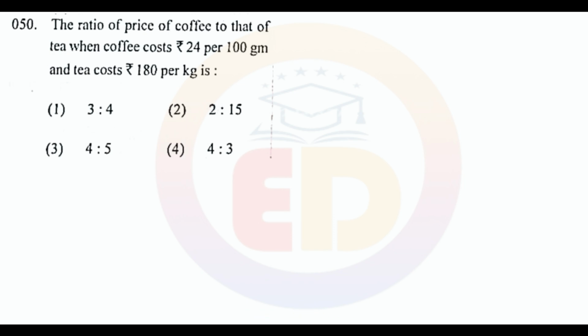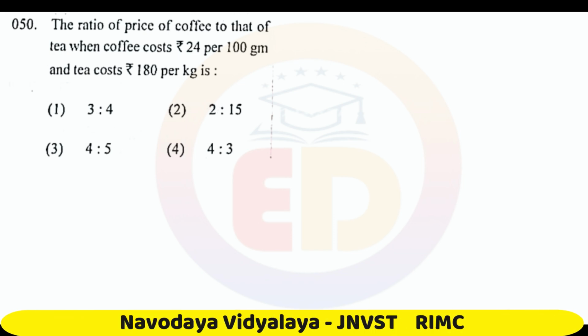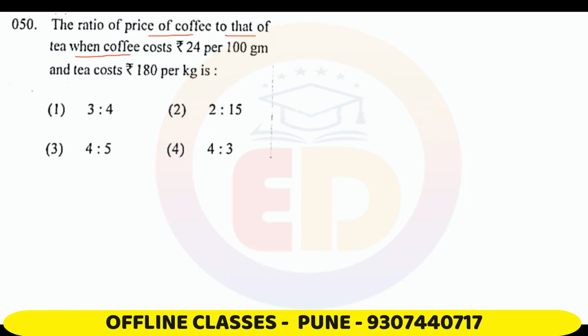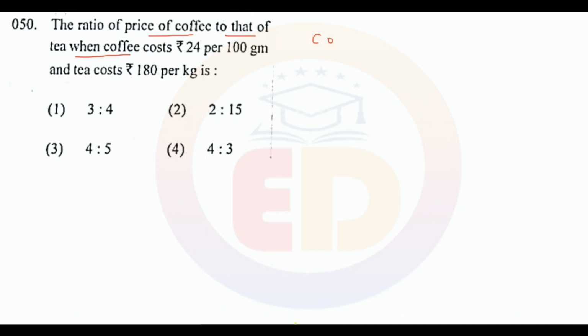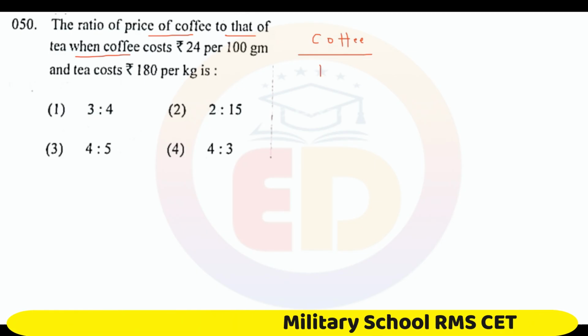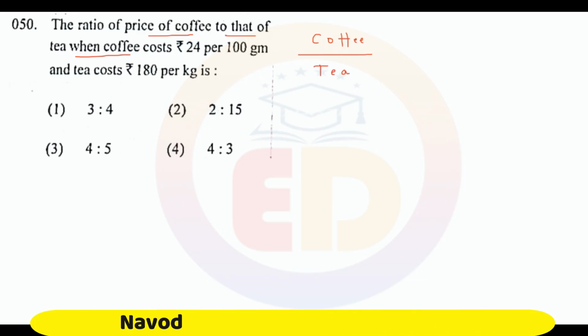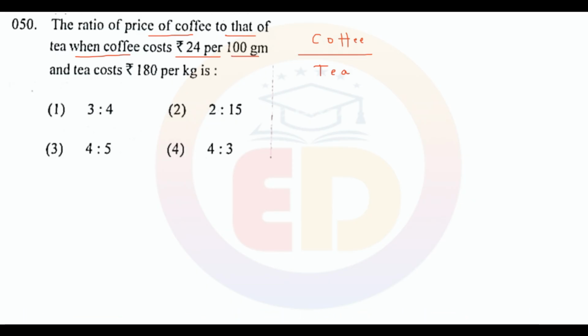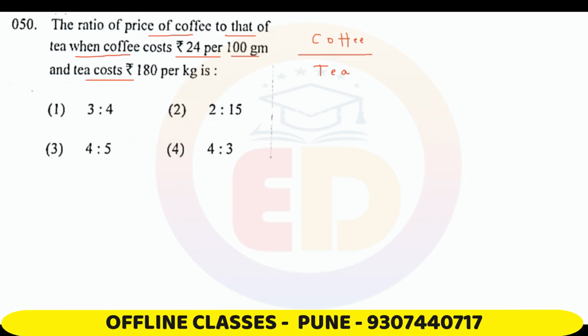Question number 50. The ratio of price of coffee to that of tea. So we have to find the ratio of coffee and tea, when the coffee costs 24 rupees per 100 grams and the tea costs 180 per kg.